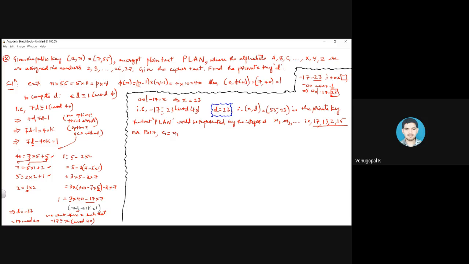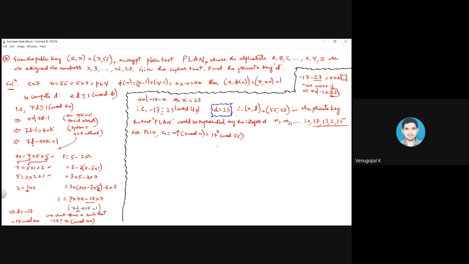Basically we are talking about the first letter, so I am writing m1 power e mod n, that is equal to 17 power e, that is 7, 17 power 7 mod n, where n is 55.